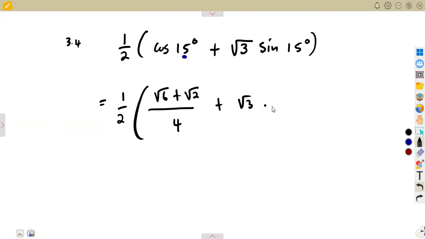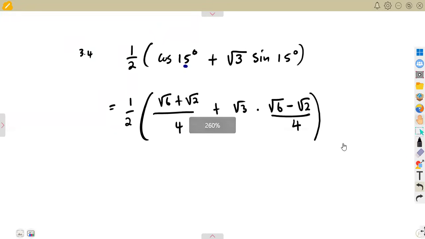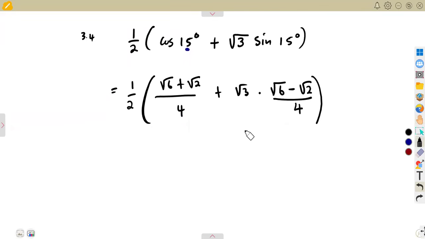From that calculation you are going to obtain the square root of 6 minus the square root of 2 over 4. So I just want you to challenge yourself. We talked about that on that part of course 105. Just try to see if you are on the right page. All right. So from here, you can now simplify further.